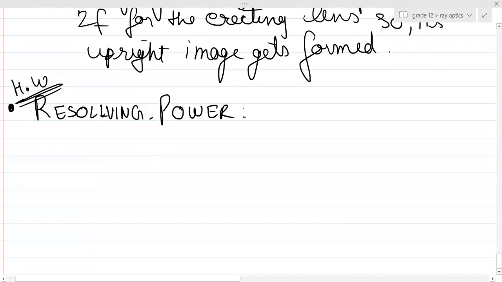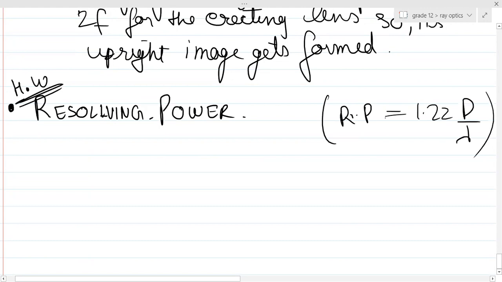I don't remember exactly, but please read it once. There might be some formula like 1.22 d by lambda, something like this. Please check it out in your school notebooks.